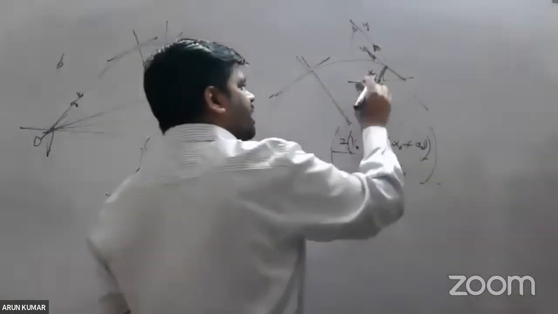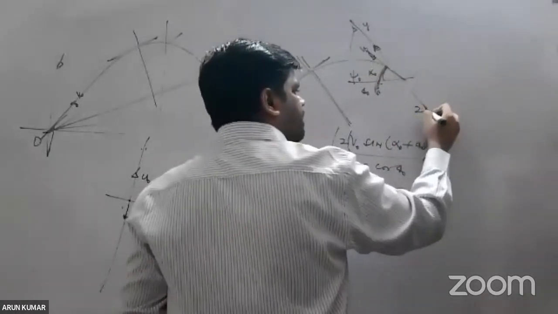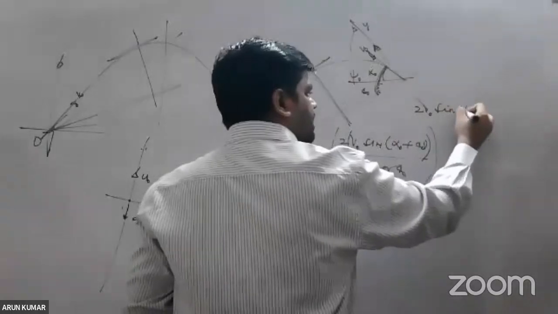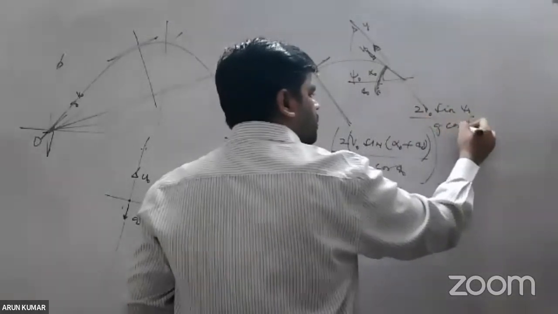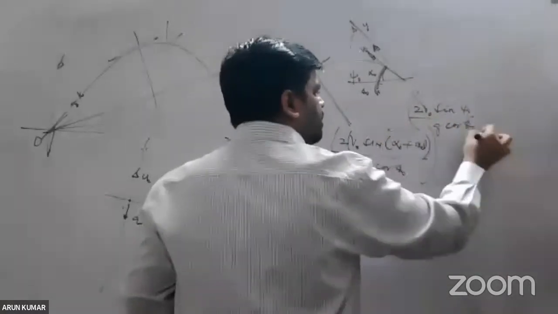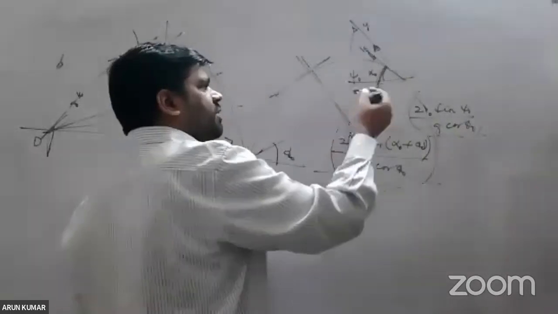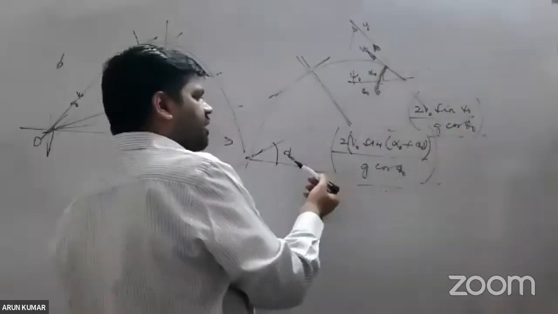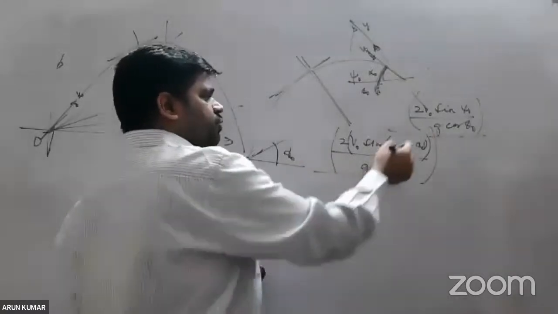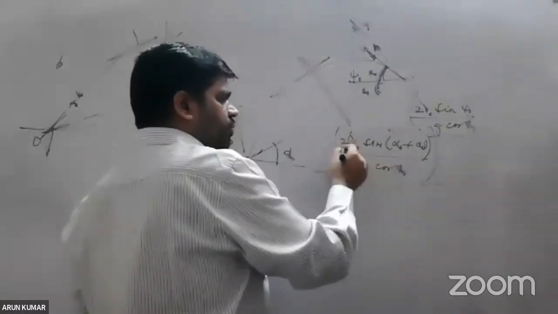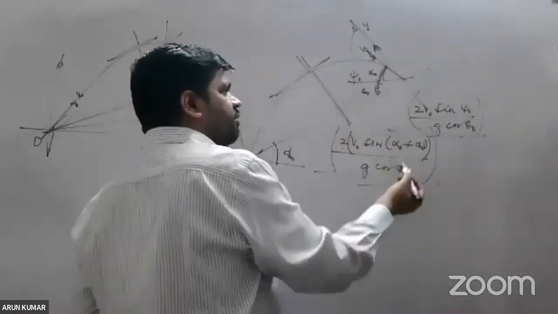If I were to give you the total angle as psi, then my answer would be 2 v naught sine psi by g cos theta naught. That psi over here is alpha naught plus theta naught, because I projected it with alpha naught with the horizontal and theta naught is the angle of inclination of the inclined plane. So 2u by a, 2 into u by a. What is u here? Component of velocity along the y-axis.